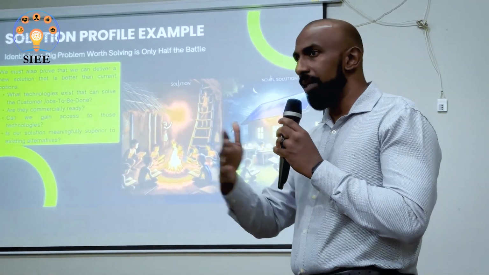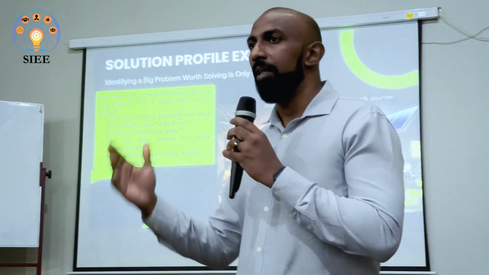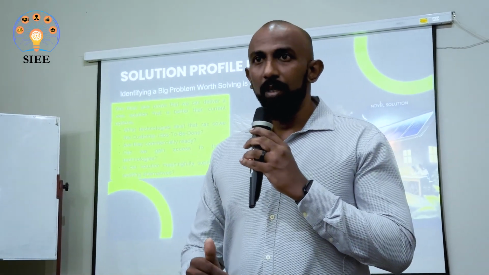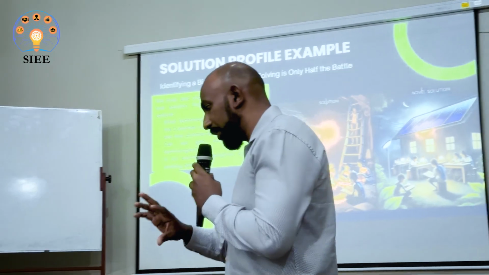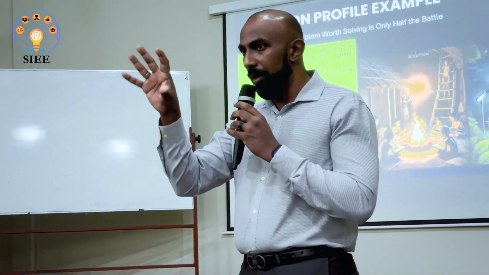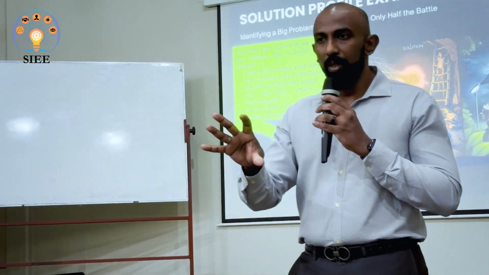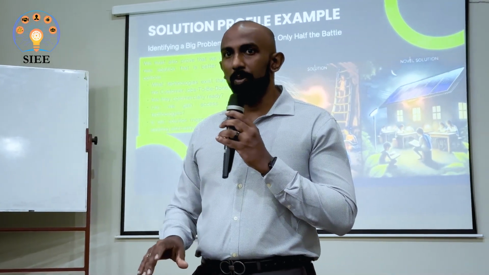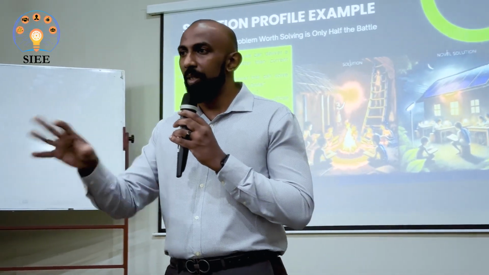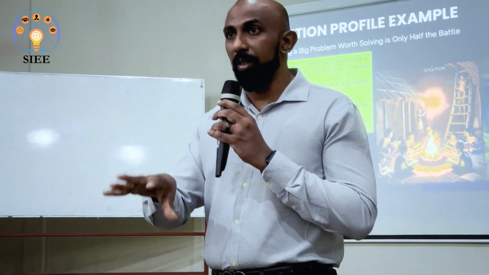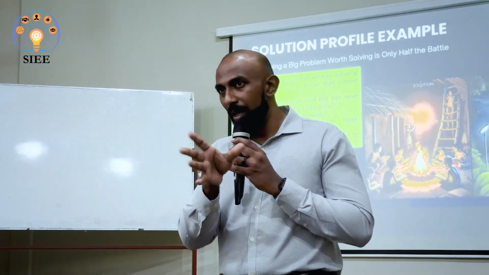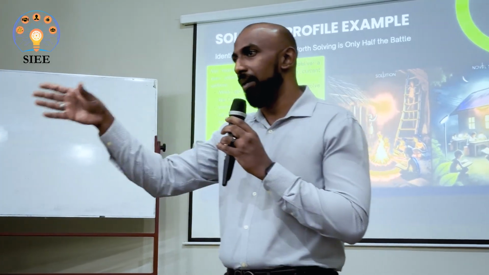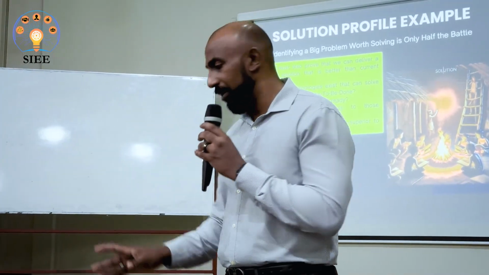So you can have multiple solution profiles that will give the same end outcome. So this is just an example: when you come up with the concept and user requirements, you can have multiple solution profiles. Then you need to test out which solution profile will work. Again, I'm taking you on a journey of how to land on this MVP, right?